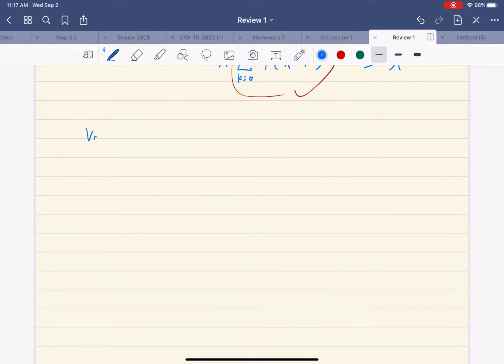And the second part, we want to find the variance of X. The variance of X, from the definition, is the second moment of X minus the first moment of X to the power 2. We know this one is equal to lambda. So this is equal to the second moment minus lambda squared.